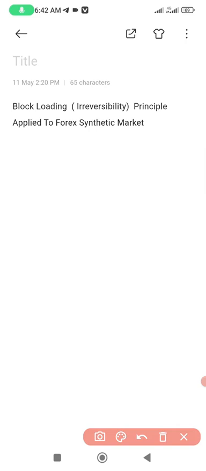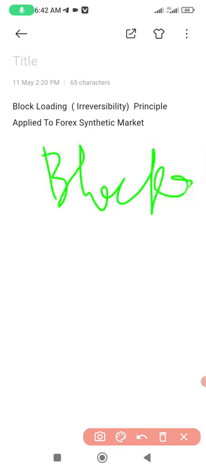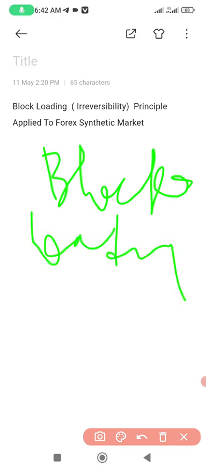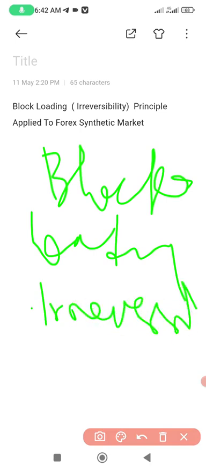Okay, so the idea of blocks, the idea of loading, and the idea of irreversibility are very, very important things we should know. It's not that they are going to be absolute, that you just open the chart and run the block loading analysis and then conclude.